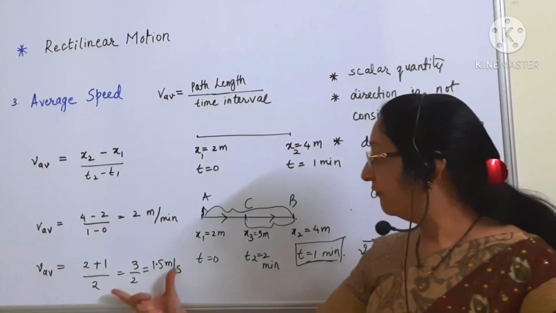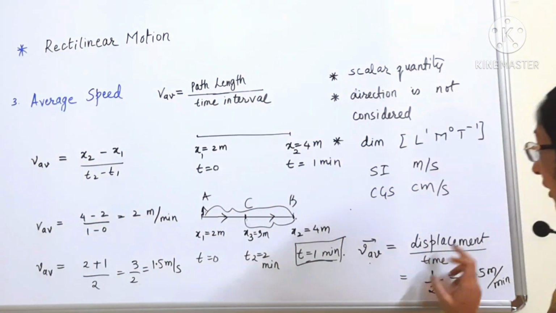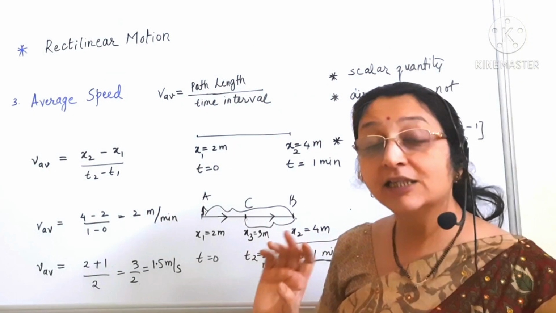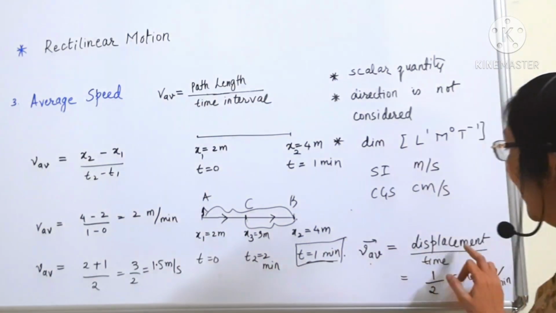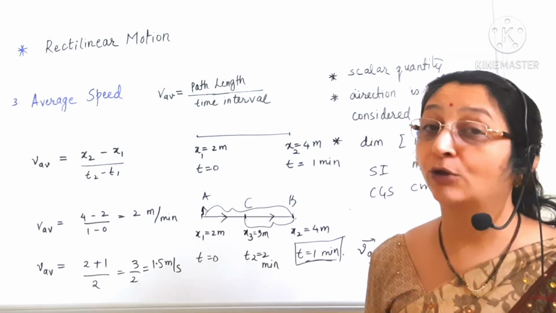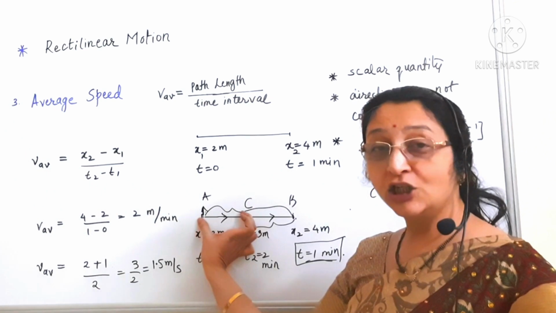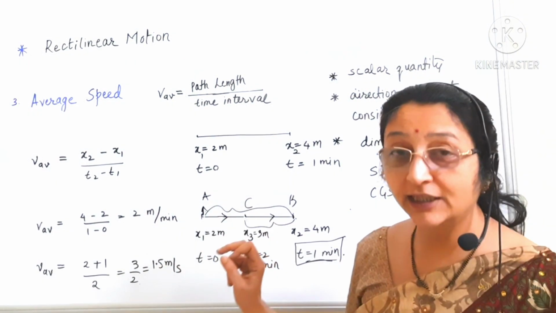This is because for speed we consider the path length, and here we consider the displacement. The path length does not require direction because it is a scalar quantity. Displacement requires direction because it is a vector quantity. So here we take the positions A and C, the initial and the final position, for the displacement.